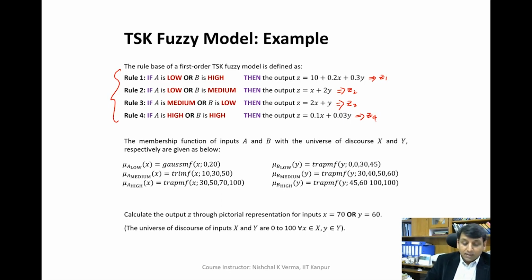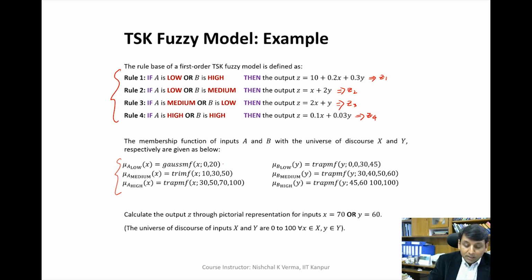And then we see that the fuzzy regions mentioned here in the rule, A and B, basically have 3 fuzzy regions, and each fuzzy region is represented by fuzzy sets characterized by the membership functions mu A low, mu A medium, mu A high.